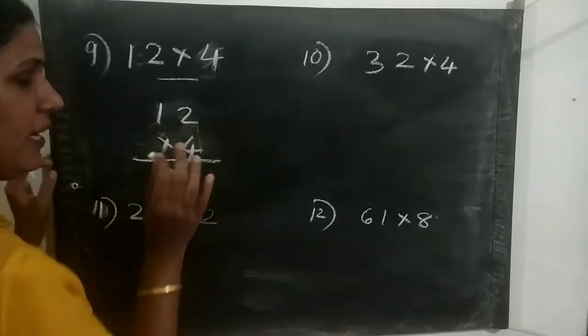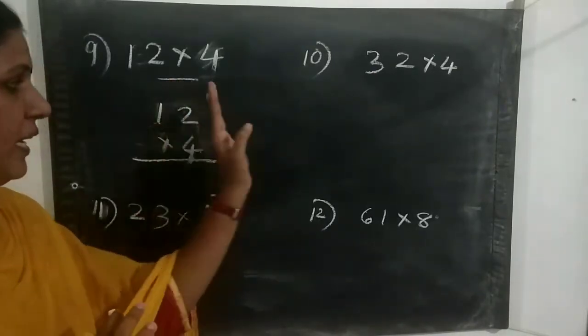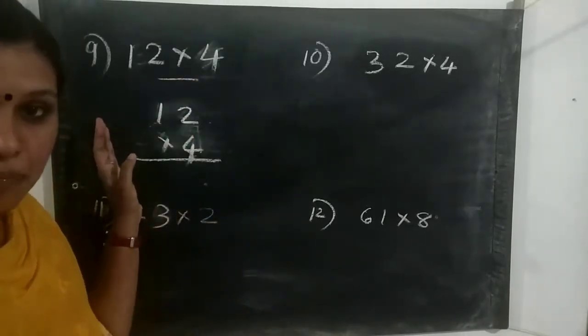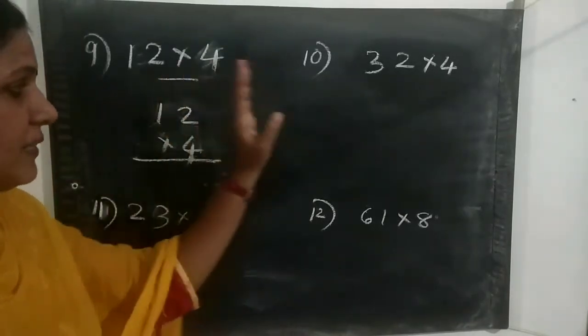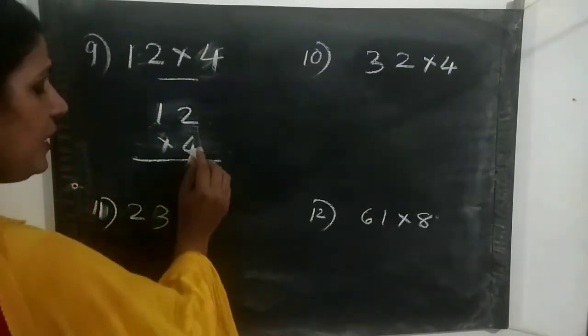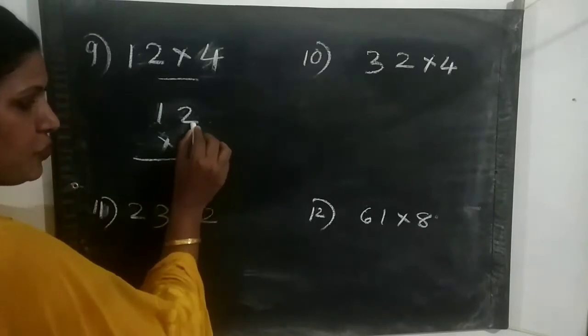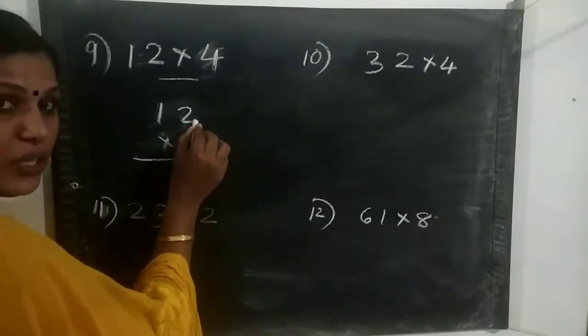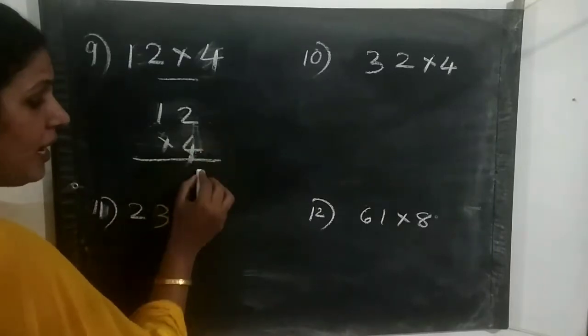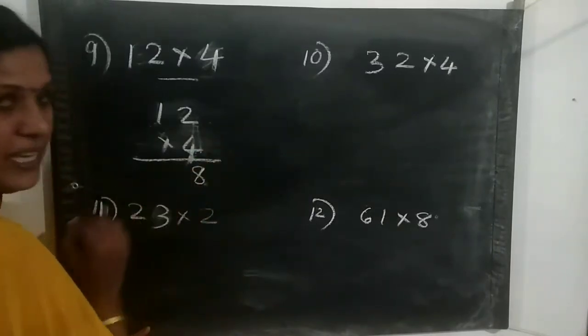First we multiply from the right side to the left side. Here the number 4 into 2. 4 2s are what? 4 2s are 8. We write it here.